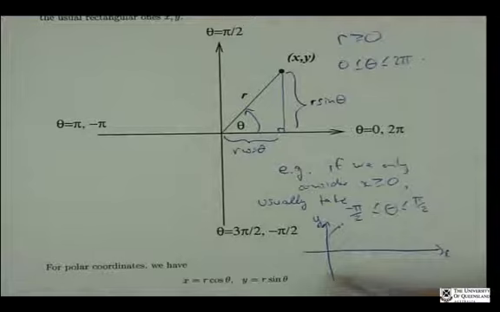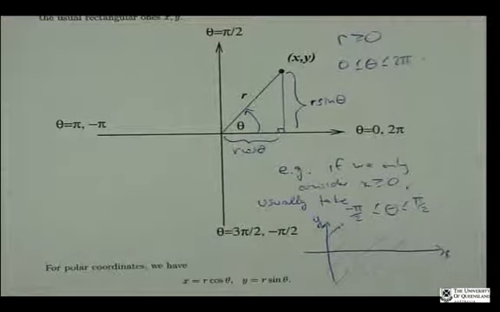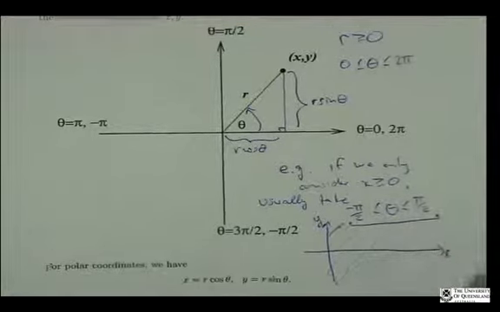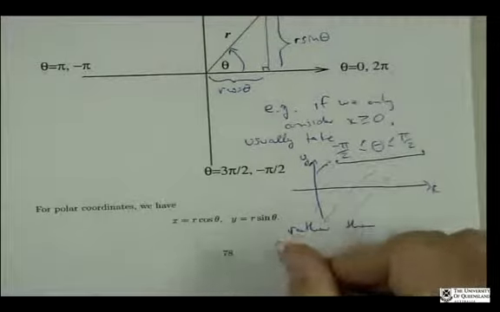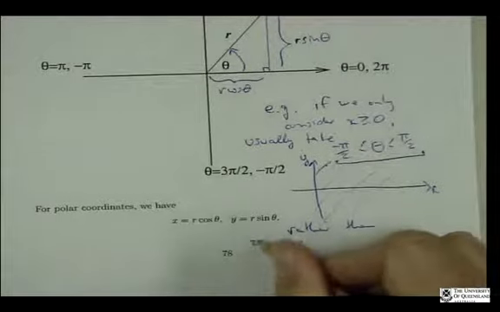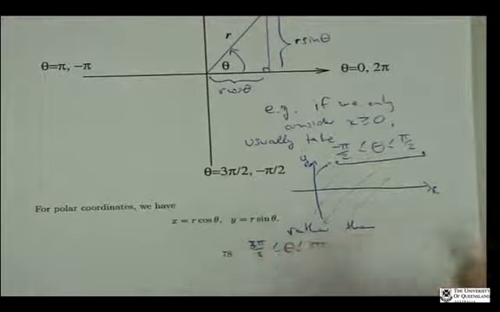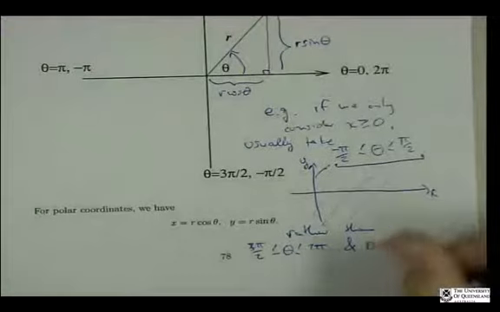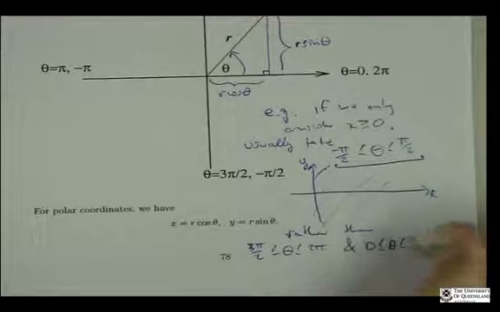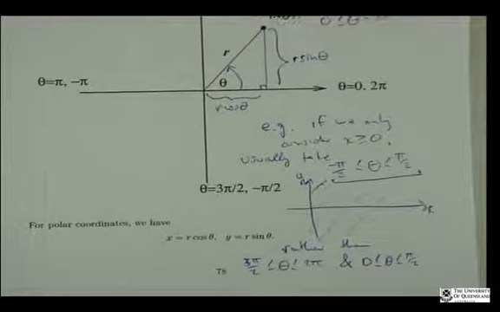So if we were just interested in part of the circular region, just for that half of the plane that lies to the right of the y-axis, okay, then if we were to use this in a double integral, it's actually more convenient just to use one interval for theta rather than saying theta is from 3 pi on 2 to 2 pi as one part of the region, and theta's from 0 to pi on 2, okay, which we could do, but it's just a convention.